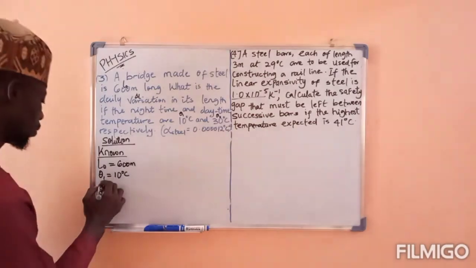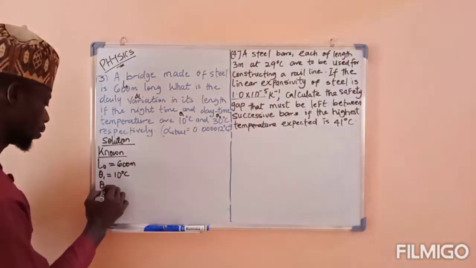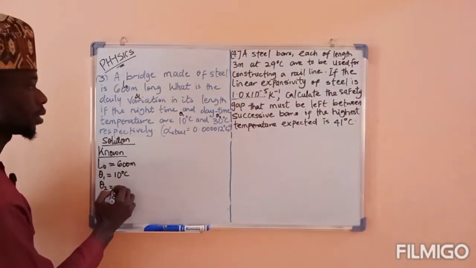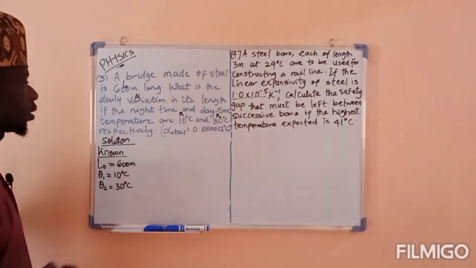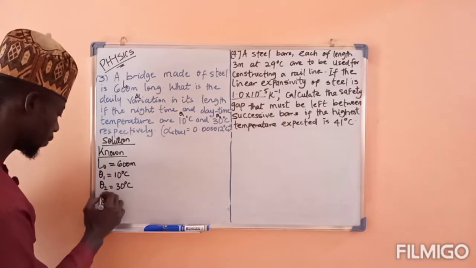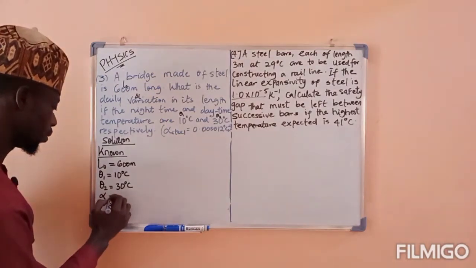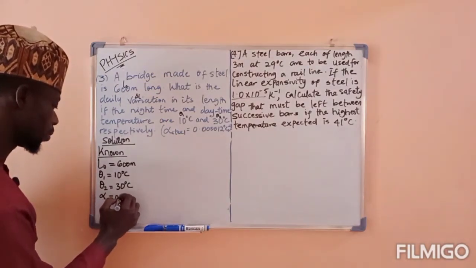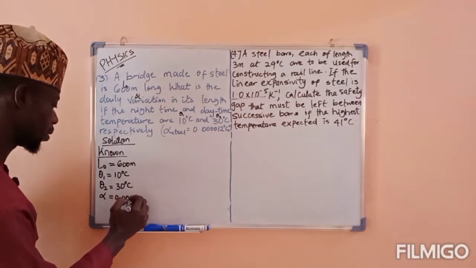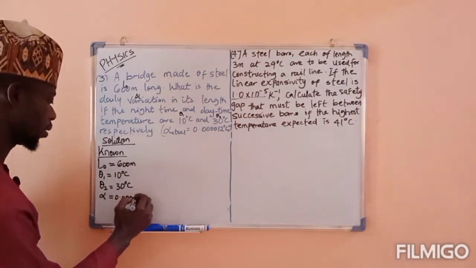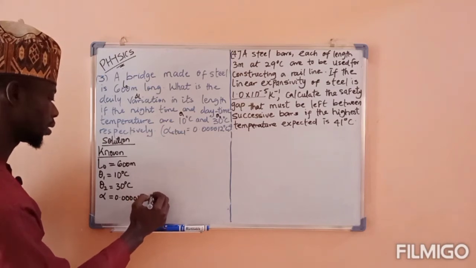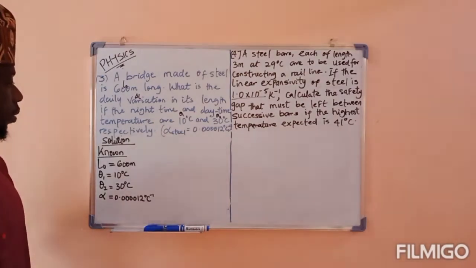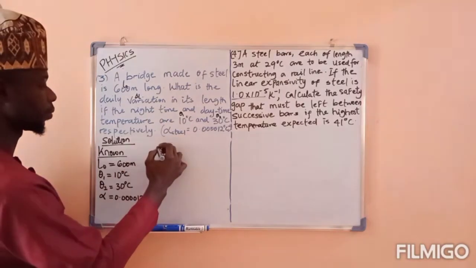I know my theta 2 to be what? 30 degrees Celsius. And I know my alpha for steel to be equal to 0.000012 per degree Celsius.